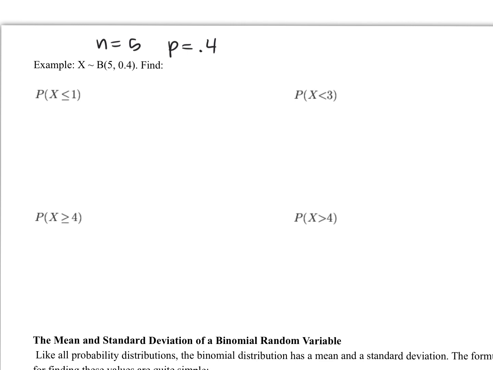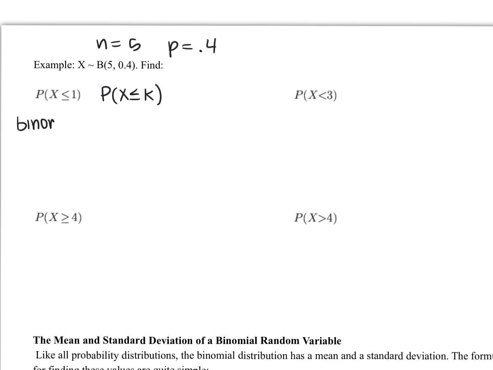So I went ahead and wrote that up. N equals 5 and p equals 0.4. The first problem is the probability x is less than or equal to 1. If I want to use binom CDF on my calculator, I don't have to change anything because it's already of the form probability x less than or equal to k, which is exactly what binom CDF does.